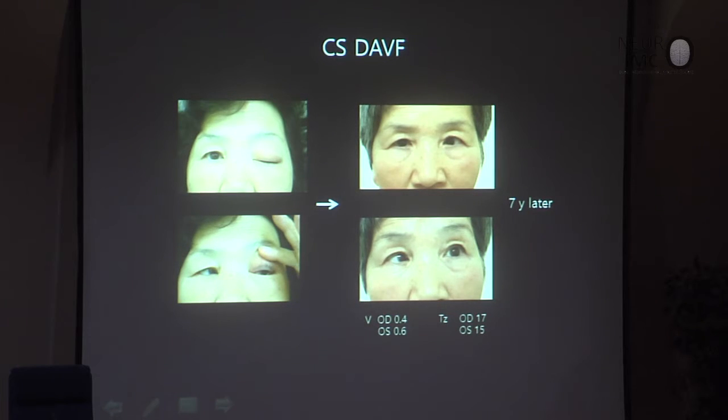The patient improved almost completely, but the 6th nerve palsy still remains. So it's probably from the initial insult, or maybe the tight compaction of the coils. So now we don't induce tight compaction because of the potential for nerve injury.